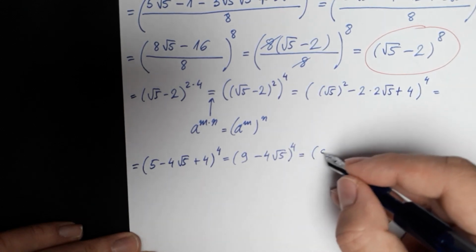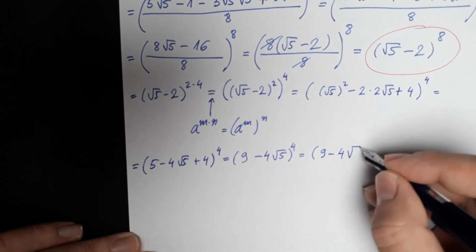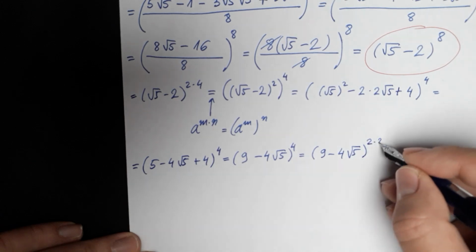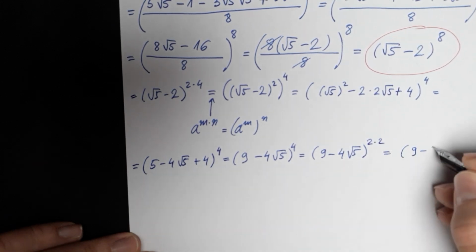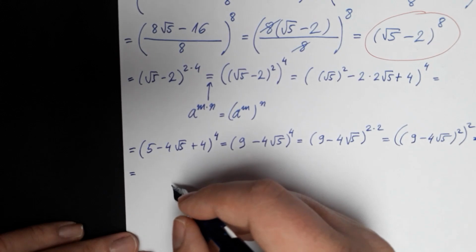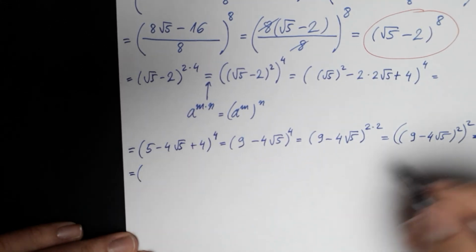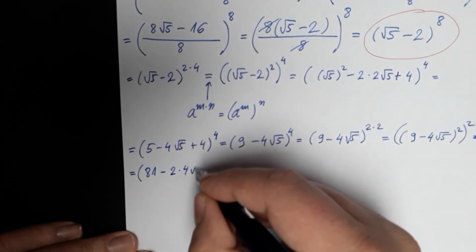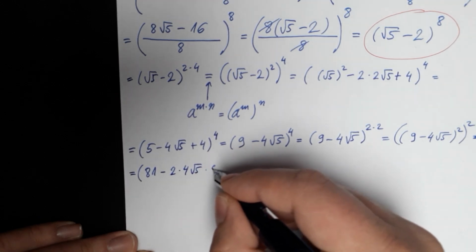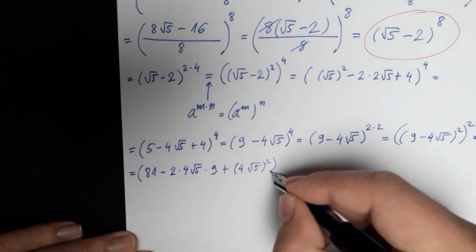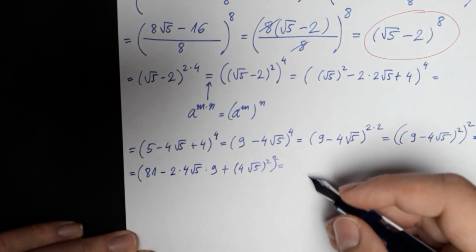This is then equal to 9 minus 4 square roots of 5. 4 I can write as 2 multiplied by 2, and that is 9 minus 4 square roots of 5 squared, and then the entire thing squared again. So this is equal to 9 squared is 81 minus 2 times 4 square roots of 5 multiplied by 9 and plus 4 square roots of 5 squared, and then that is going to be squared.